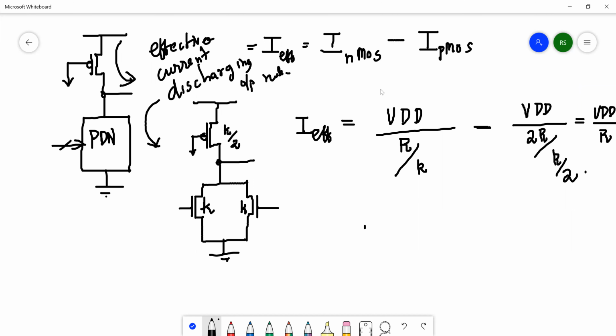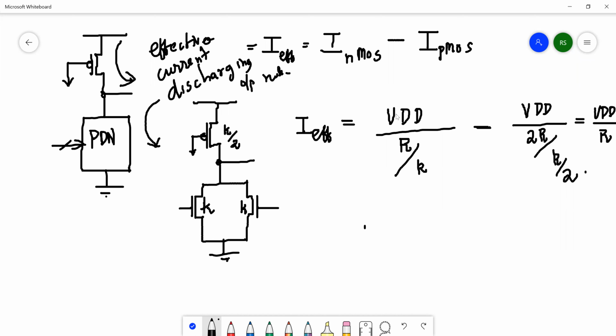Then each of the currents you write separately. You look at the NMOS transistor network. In this case, there are two transistors in parallel, and whenever there's parallel, we take the worst case for the sizing. Worst case is when only one of these is conducting. In that case, the single transistor has a resistance R divided by K, because the NMOS unit resistance is R, divided by the W by L of the transistor.